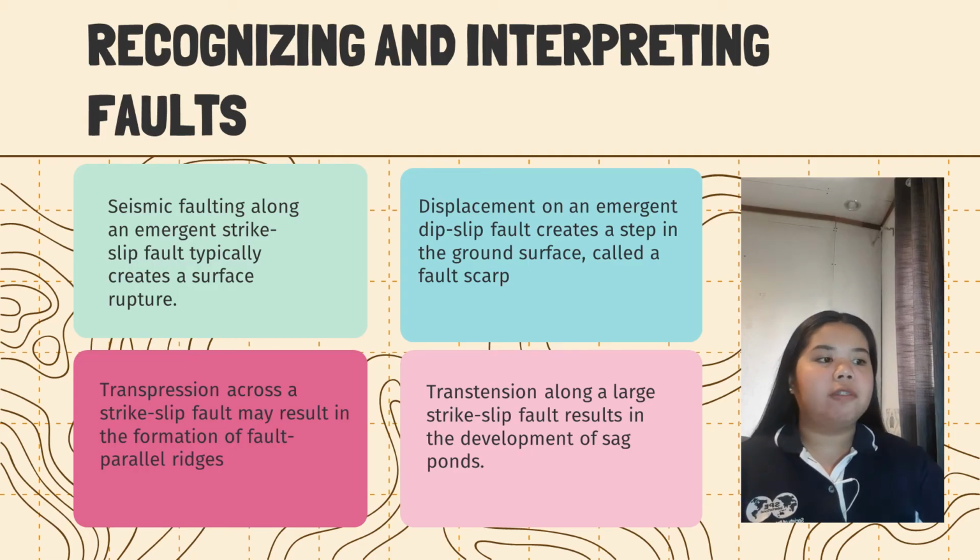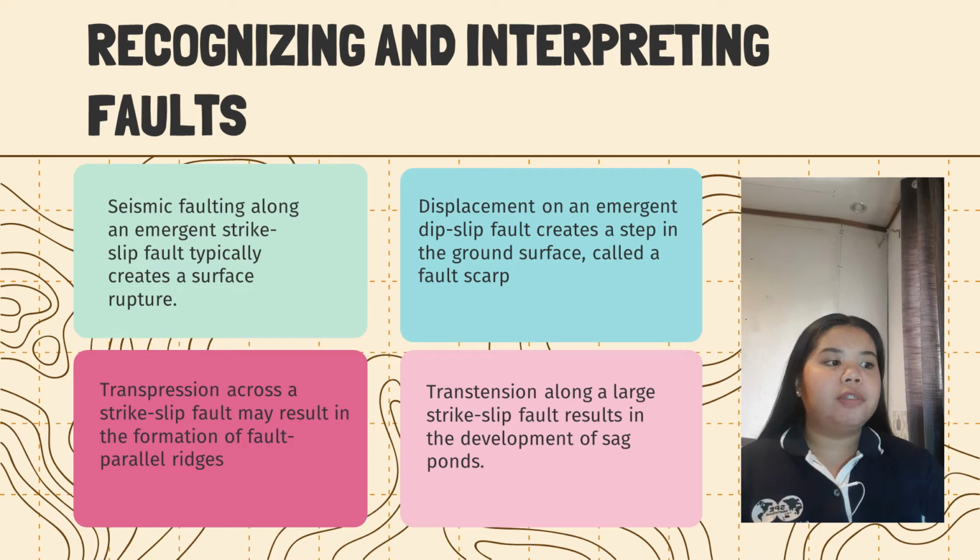Recognizing and interpreting faults. Displacement on a fault can alter the landscape. The nature of disruption depends on the type of fault, on how much displacement occurred, on the rate of displacement, on how recently faulting occurred, on the climate in the area, and on whether the fault is emergent or blind.